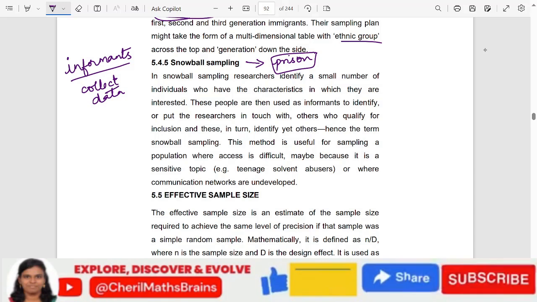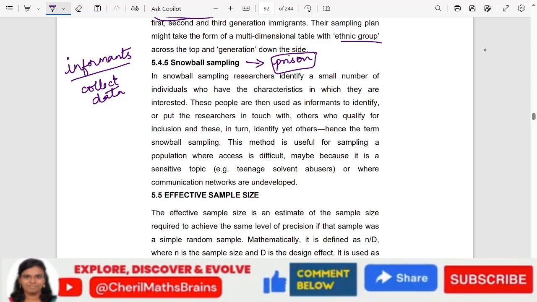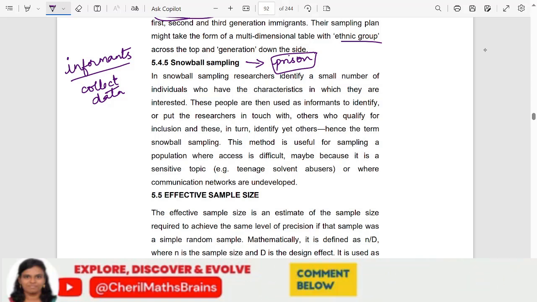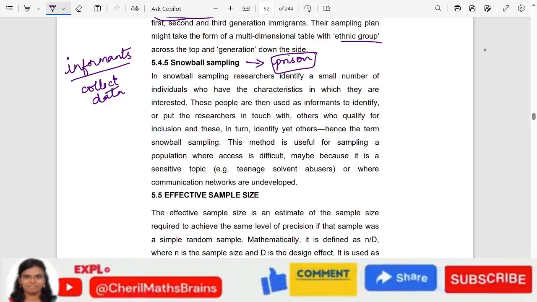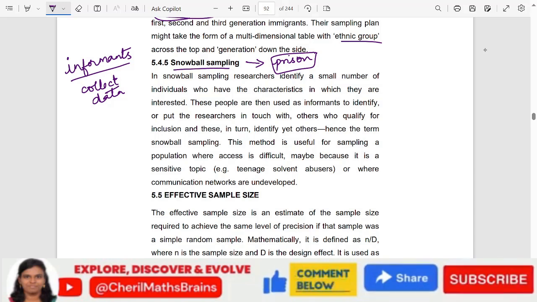You do not go and directly access them, but they help you get the data and pursue your research work. Or if there is not much communication and you can't go to that particular place, you can appoint people who are part of the same community, so they'll be able to get information. That is your snowball sampling.